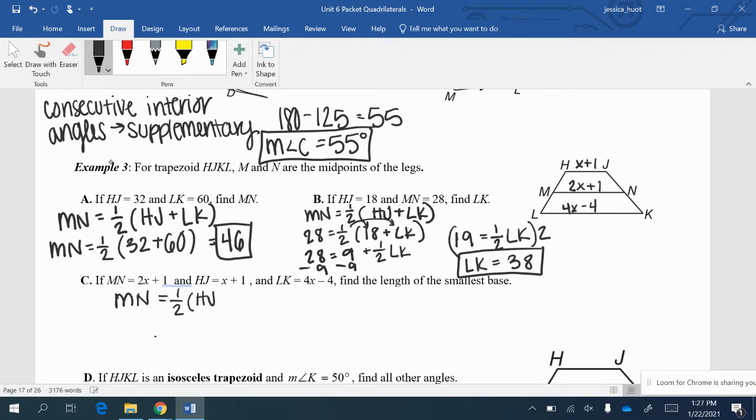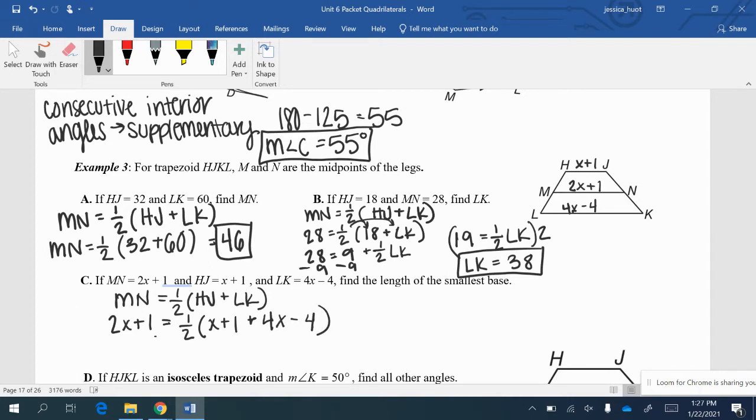So HJ plus LK. So MN is labeled as 2x plus 1, equals 1/2 times HJ, which is x plus 1, plus LK, which is 4x minus 4.